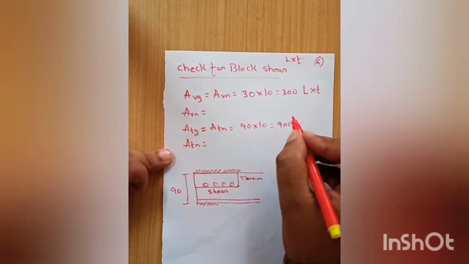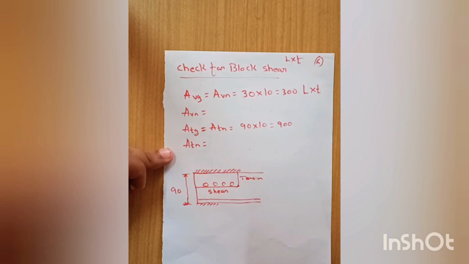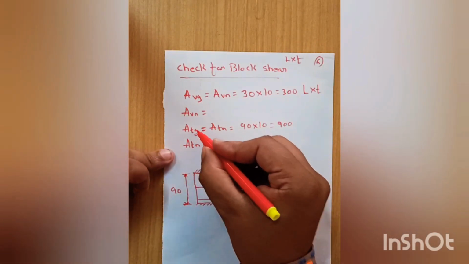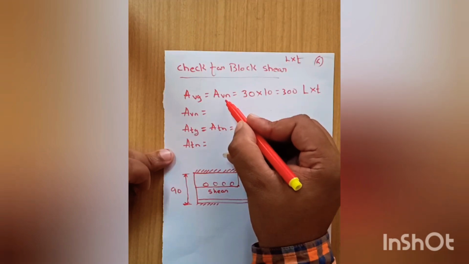That is 900. So we got the value of ATG and ATN, we got the value of AVG and AVN.